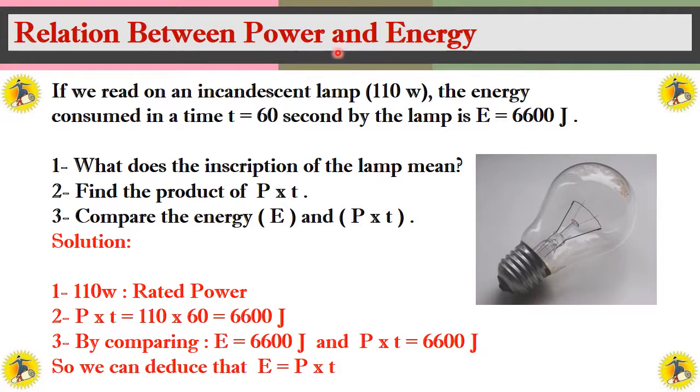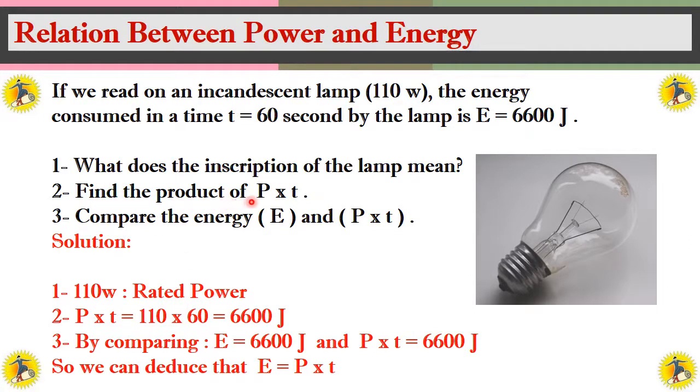Relation between power and energy. If we read on an incandescent lamp 110 watt, the energy consumed in a time t equals 60 seconds by the lamp is E equals 6600 joule. What does the inscription of the lamp mean? 110 watt is called the rated power.